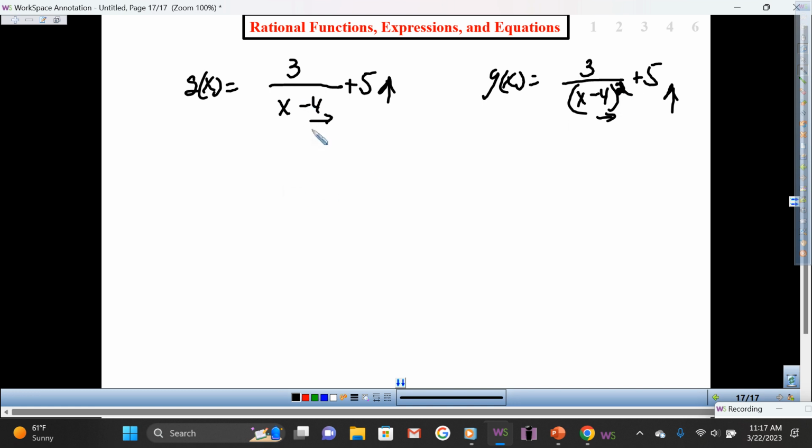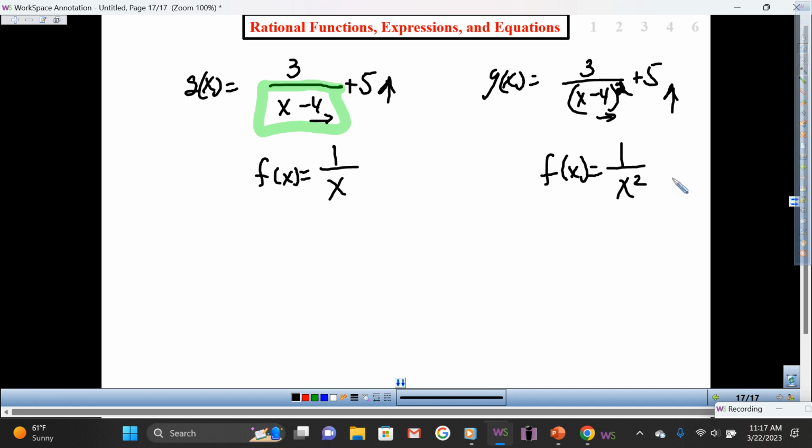Because the parent function for this one, how do we know the parent function? By looking at the denominator. If it doesn't have a square, my parent function is f of x equals 1 over x, which means this one is what? f of x equals 1 over x squared. Why do we need to know that? Why did I give you plenty of practice with that? Because we can picture now, by looking at it, how the graph is going to end up.